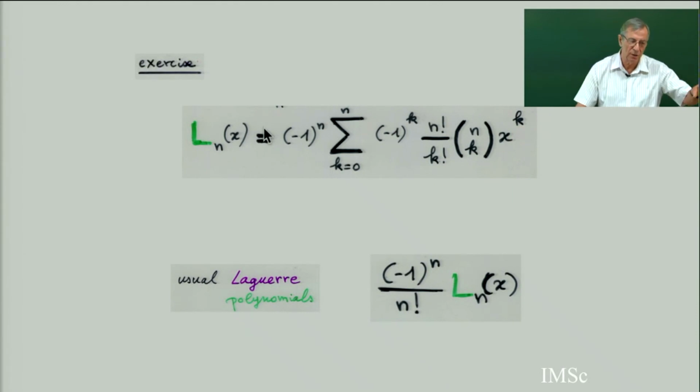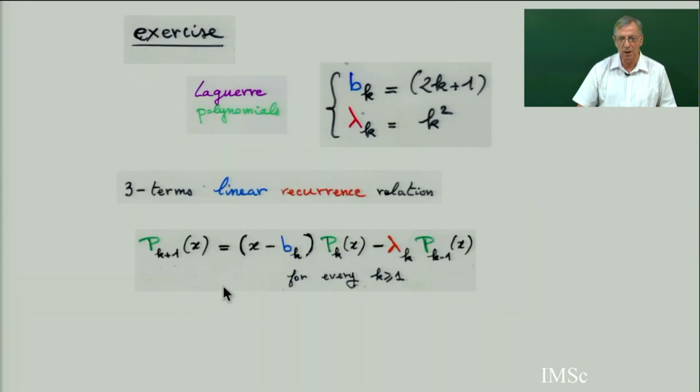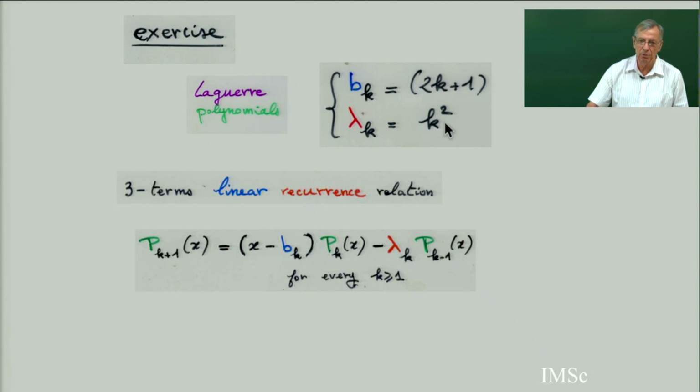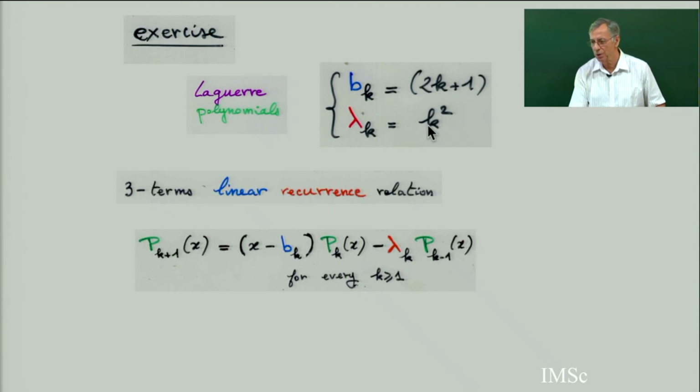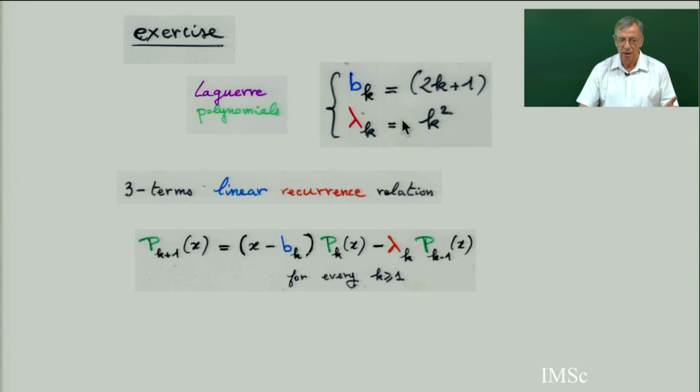If I take the definition as the matching of the bipartite graph, now again, there is a three-term recurrence for this matching polynomial, and it satisfies b_k equal to k plus 1 and lambda_k equal to k squared. So this shows that the Laguerre defined as a matching polynomial of the bipartite graph satisfies this recurrence.